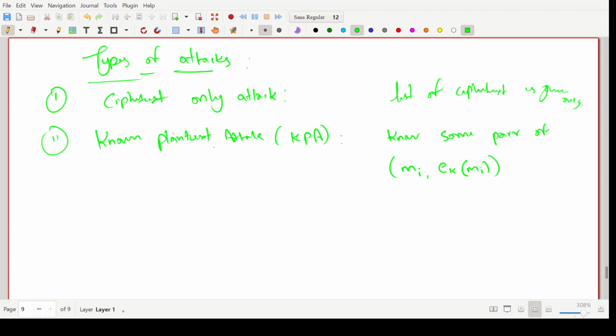So he knows some messages m_i, where i runs from 1 to n, and the ciphertexts of them, and tries to find the key, or tries to decrypt a new ciphertext which is not in the list. So this is called known plain text attack.